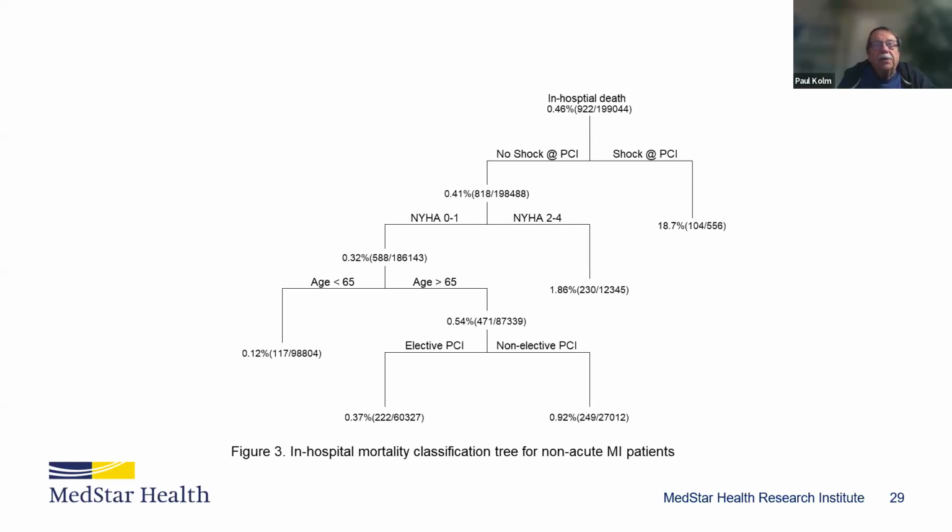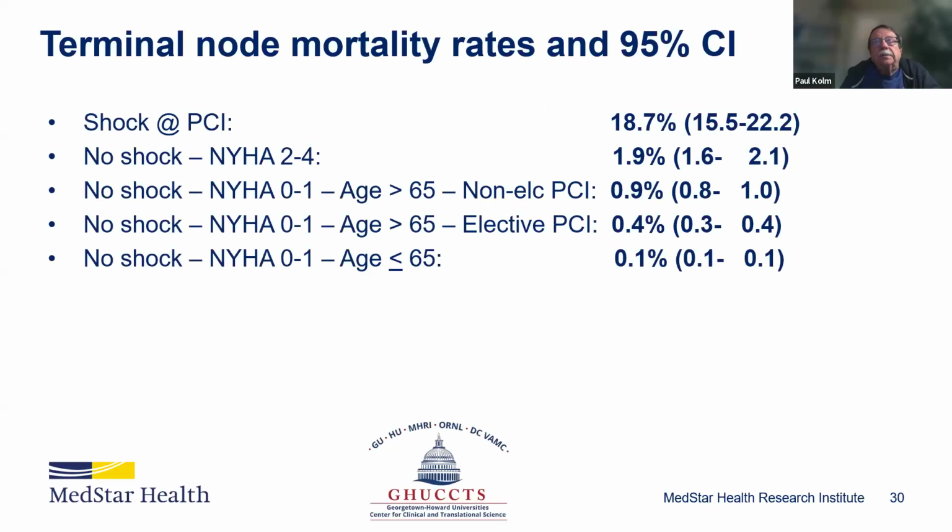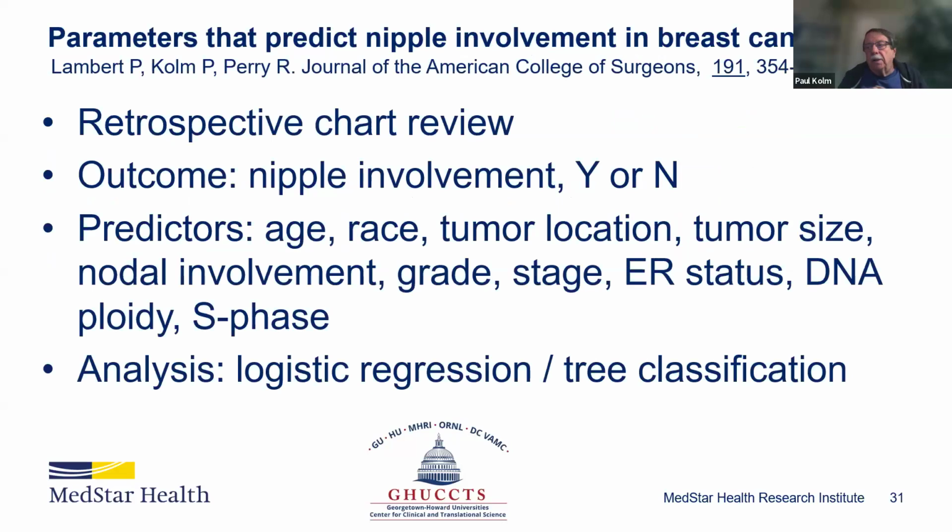For those greater than 65, there's another split depending on whether you have elective or non-elective PCI. The mortality rates again, as I mentioned, shock is the primary driver of in-hospital mortality for all of these patient populations.